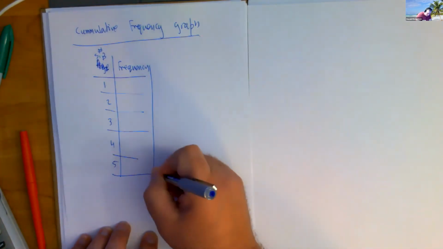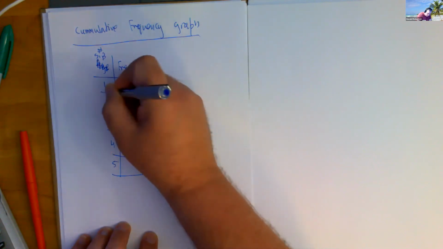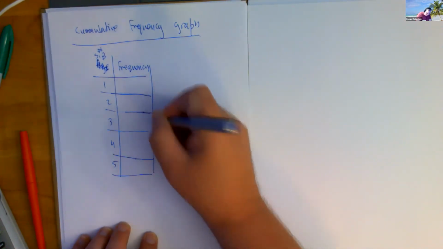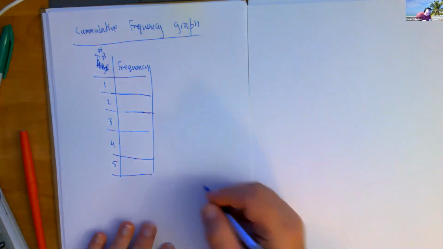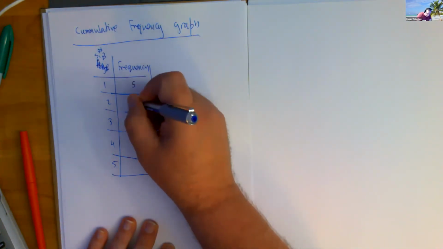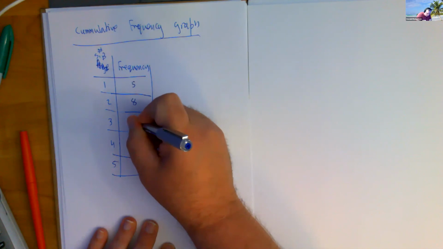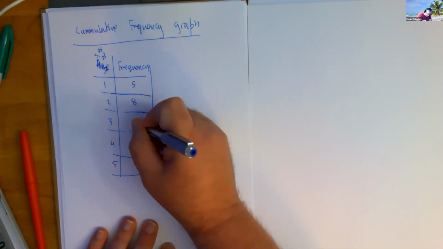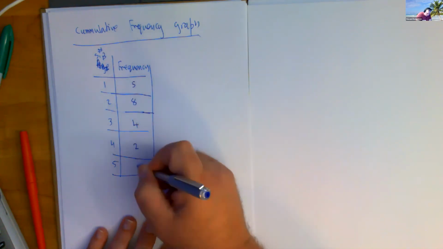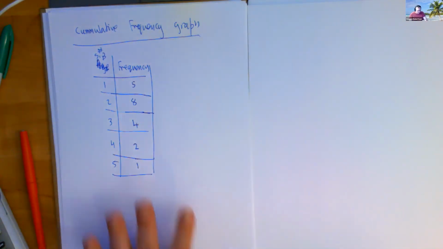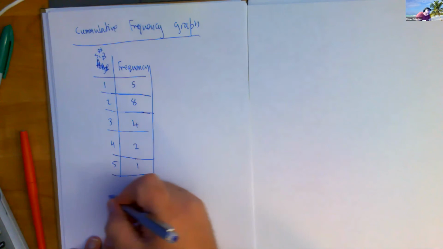So a different class, I asked them the same question, and the data I got only went from 1 to 5, right? There wasn't anything exceptionally big. And there was 5 of these, there were 8 of those, there was 4 of those, 2 of those, 5, 13, 7, 8, 9, and 1 of those, right? So that's what a classic normal frequency table looked like.